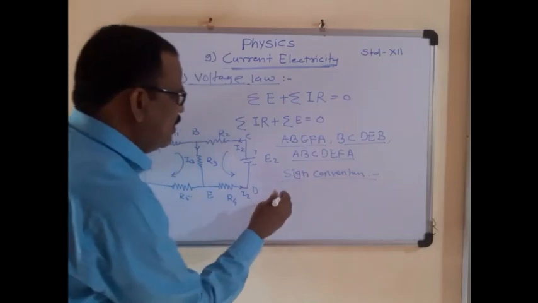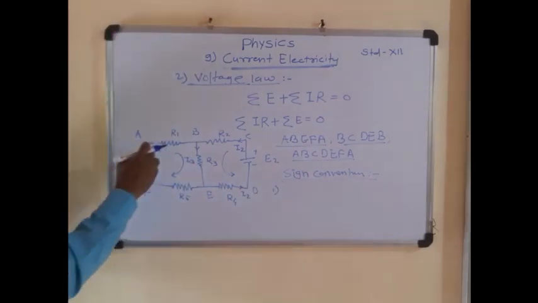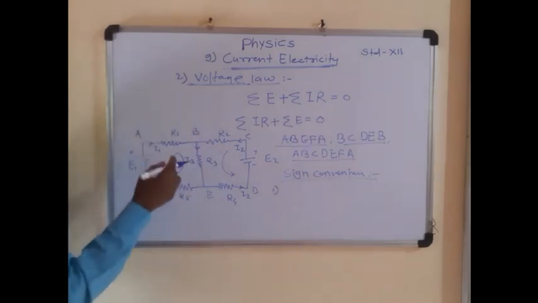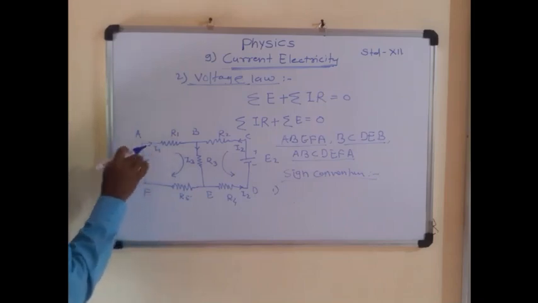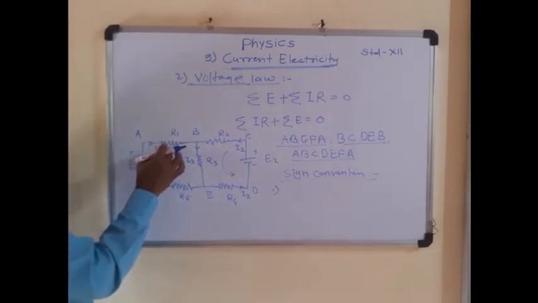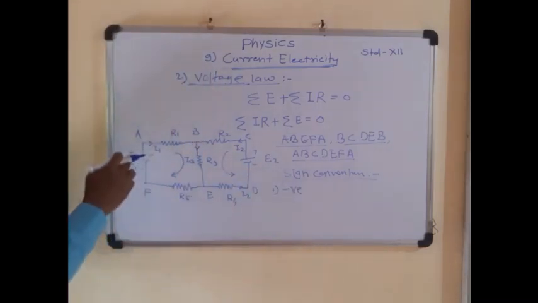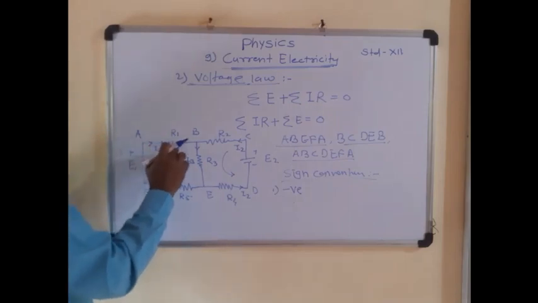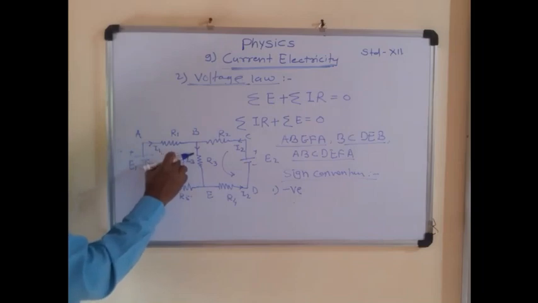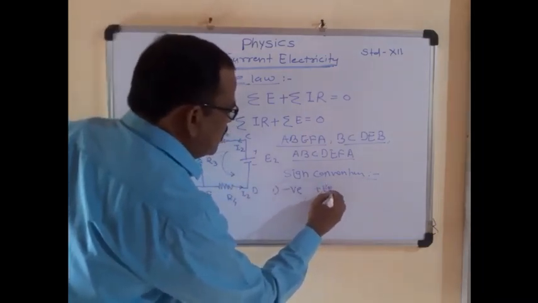First, the loop is traced in this fashion: I1, A, B, E, F, A. If the conventional current flows in the direction of the traced loop, then potential differences are taken as negative. And potential differences are taken as positive if we trace the loop against the direction of conventional current.